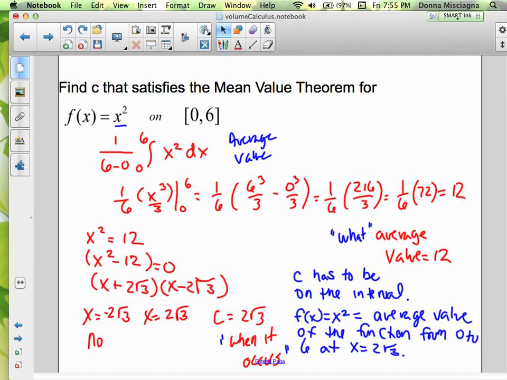I just added that in, not that it's a requirement, but on this particular problem, because it's our first problem with the mean value theorem, just to give that a little context and have that make a little sense.